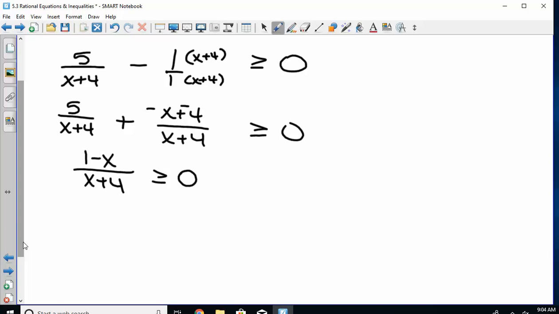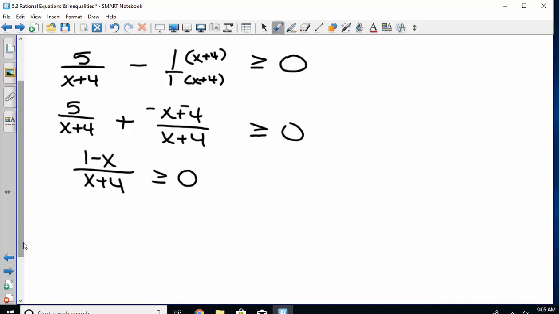Have I lost anyone? Okay, so why did we have to distribute the negatives since we're not like multiplying? Since we want to subtract, you have to subtract off that whole thing, so both terms.